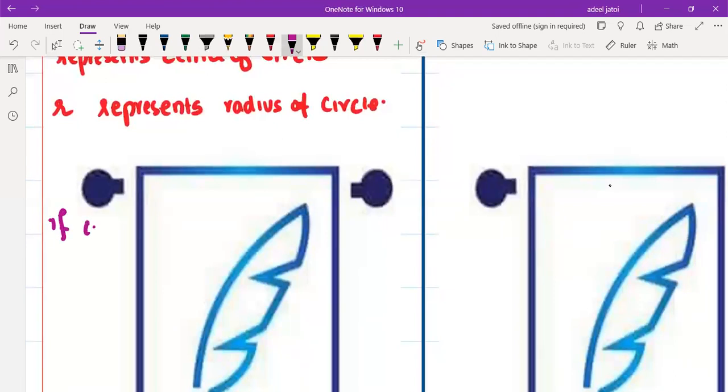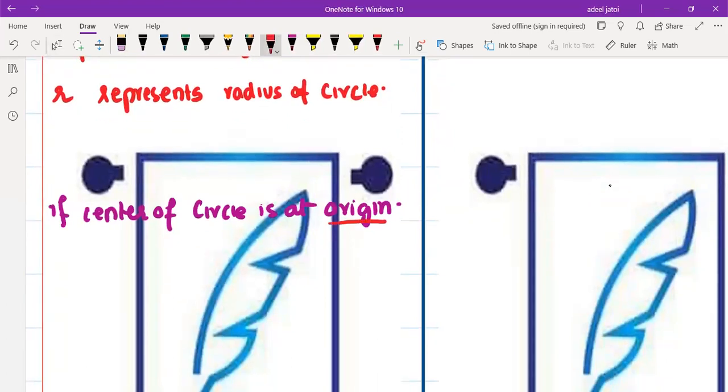Now, let's say the center of the circle is at the origin. If the center of the circle is at the origin, the origin is basically (0, 0).